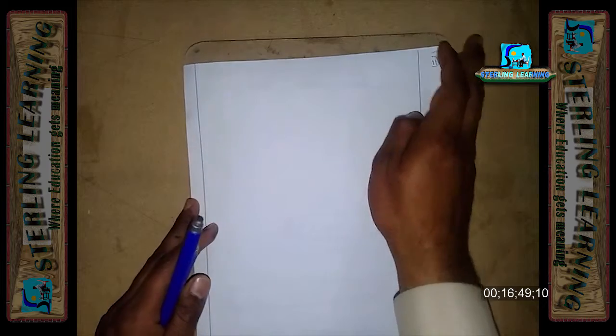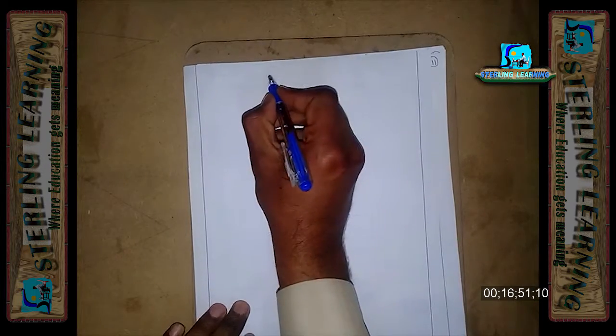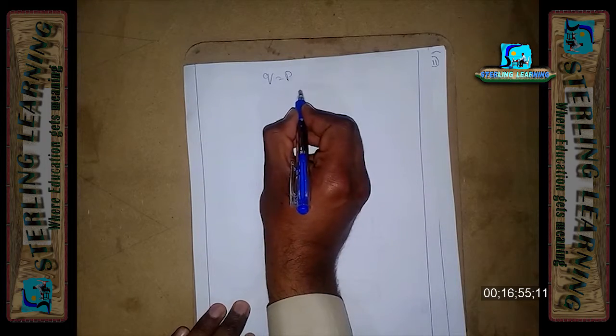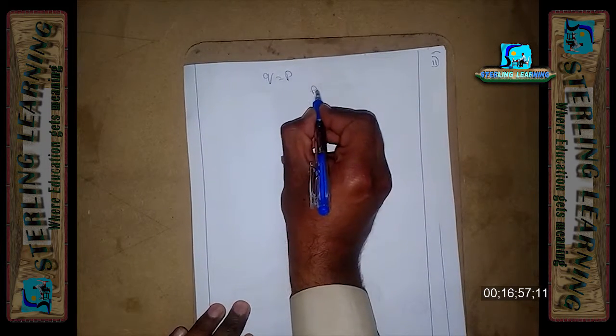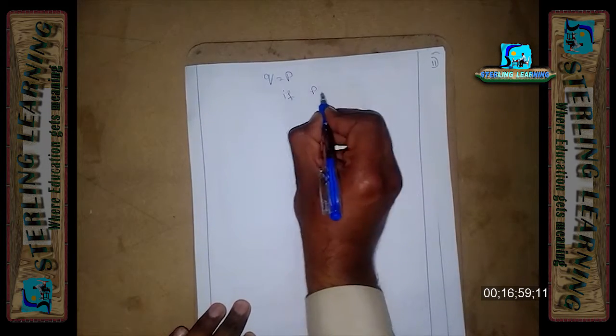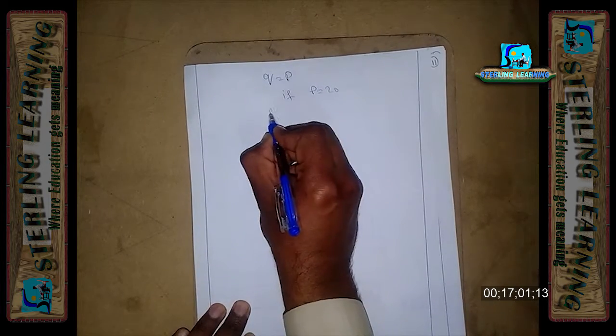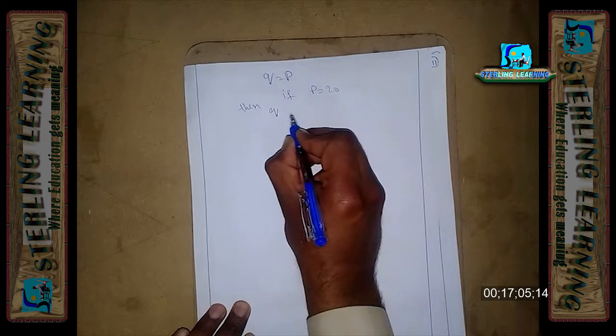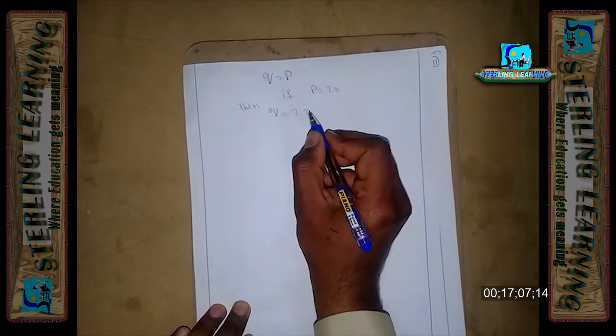So P is equal to Q. Q is equal to P, and if P is 20, then Q is also 20.